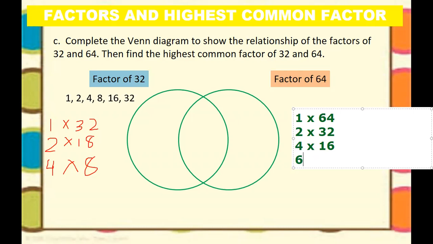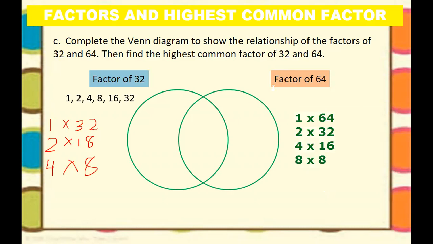We don't have 6 either. Okay, so we have 8 times 8. Now let's list down all the factors of 64. So what are the factors of 64? 1, 2, 4, 8, 16, 32, and 64.